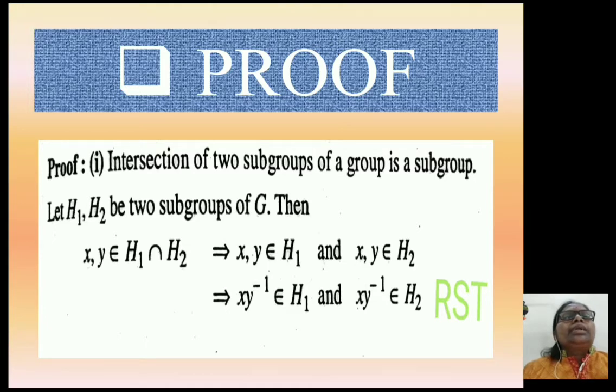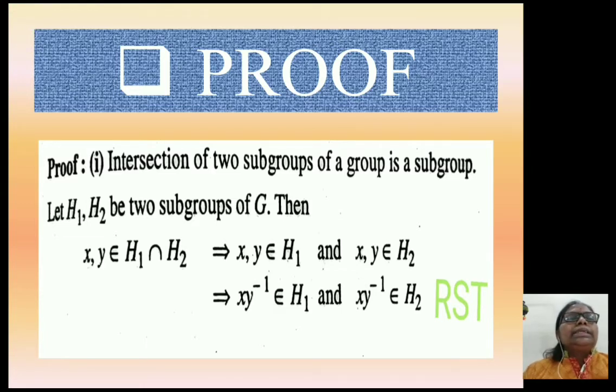Let H1, H2 be two subgroups of group G. Then x, y belongs to H1 intersection H2 implies x, y belongs to H1 and x, y belongs to H2.